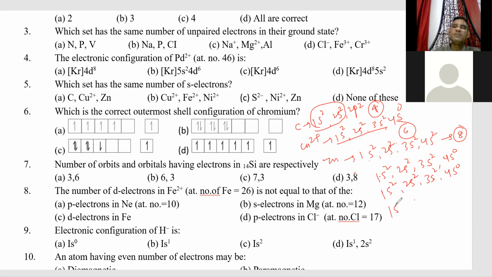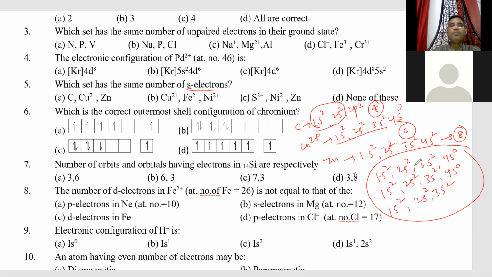Ni2+ will also have 1s2, 2s2 and 3s2. Since they are asking you only about s electrons, just write only s electrons, no p, no d. So the answer will be B, because it has the same number of s electrons, that is 6.